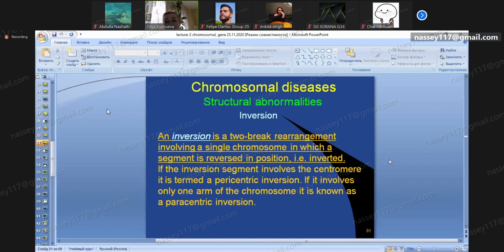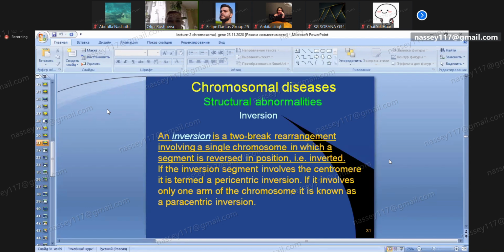An inversion is a two-break rearrangement involving a single chromosome in which a segment is reversed in position. You call this segment the inverted segment.